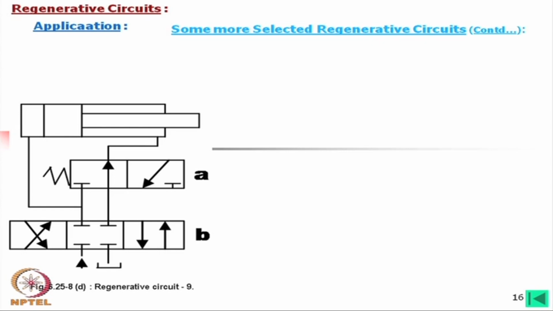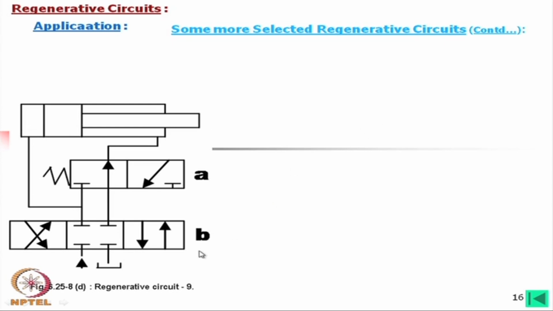Okay. Now, let us consider that this is undecided. Now, what happens? We have connected this and we have made this connection. In that case, oil will return to the tank. So, this is normal forward operation.